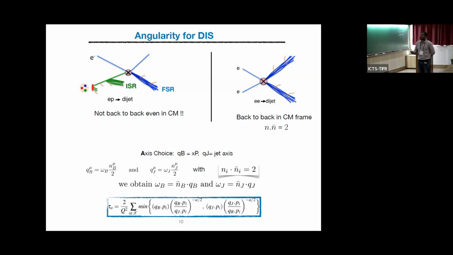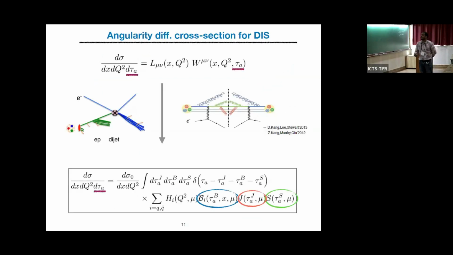So in this case, we redefine the unit vectors in terms of the beam direction and the jet direction. Then we redefine the angularity in terms of the projection towards the beam and jet parts, which also has a functional dependency on the angularity parameter.